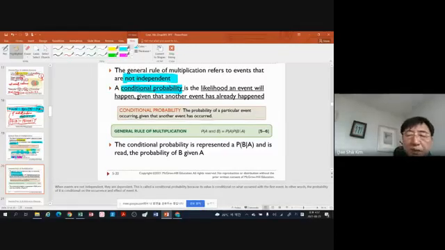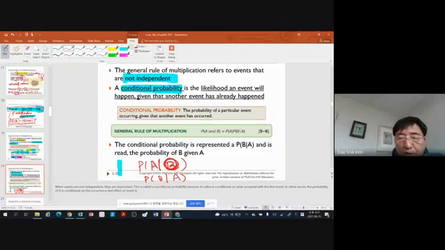So we need to read this: P(A given B), and P(B given A). It's different. In the first, B has already happened; assuming B has already occurred, how is event A affected?